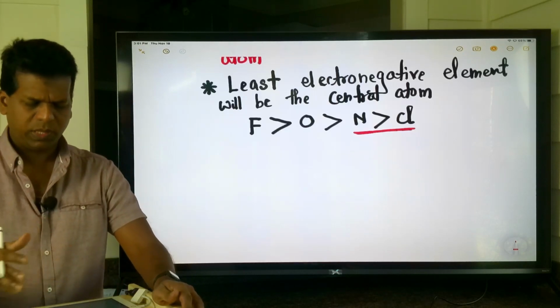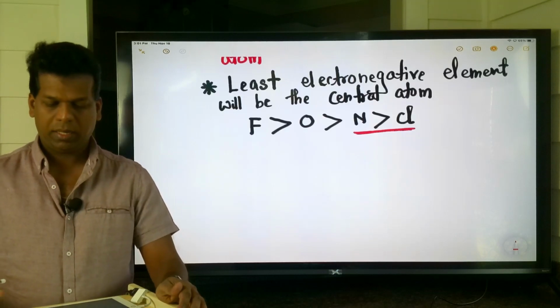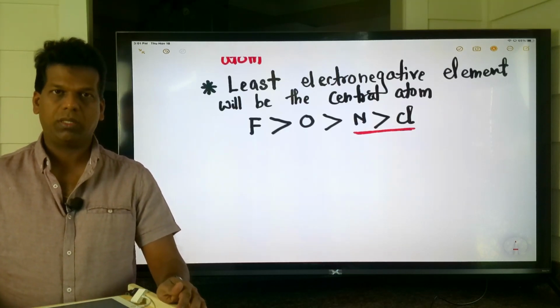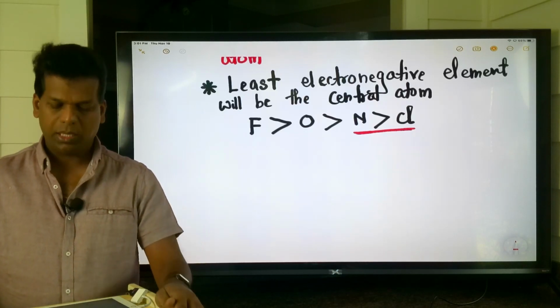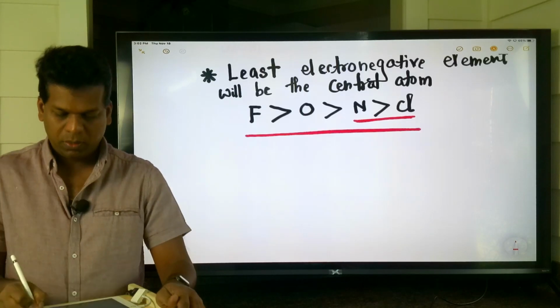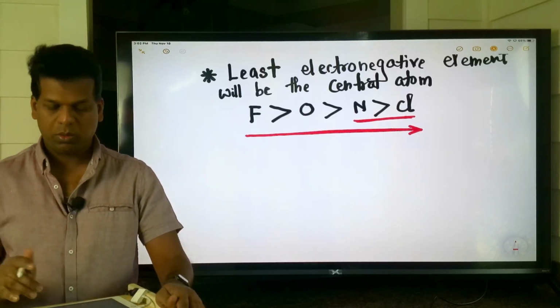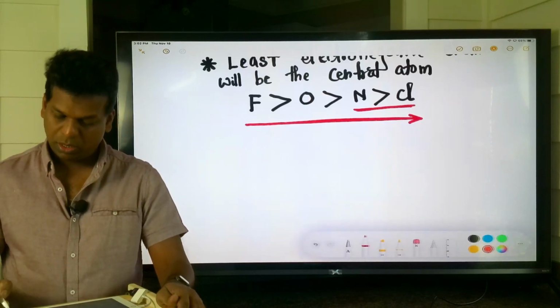In some books you will see chlorine comes in after oxygen, and after chlorine it is nitrogen. But they have very similar electronegativity values. In this direction, when you go from fluorine to chlorine or nitrogen, electronegativity decreases.